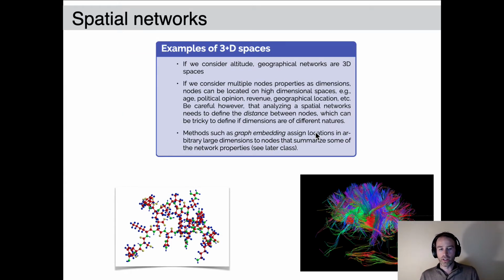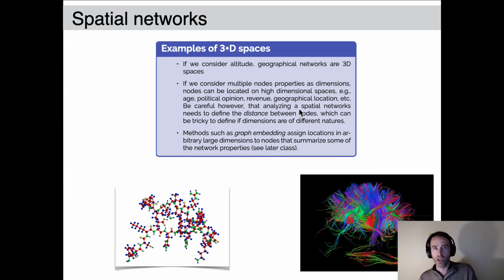There are other examples. The two-dimensional space I have already addressed, and three-dimensional space is typical. I also already gave the examples of the brain or proteins. But there are also possibilities of embedding in a space of higher dimensions. One example would be when you have several different dimensions.